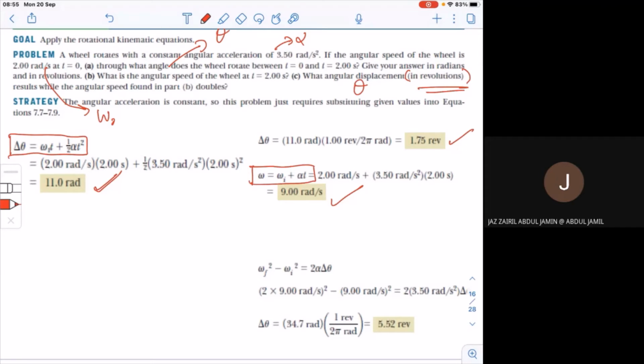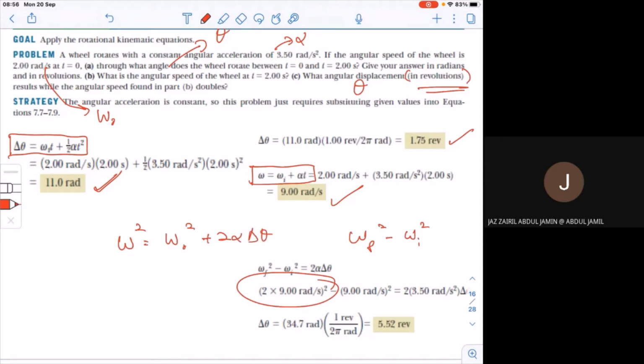Now you need to double the answer in part B. So you can see the value has been doubled for the final velocity. It becomes 18 radian per second. That value is squared because of this equation, omega final squared minus omega initial squared, which actually comes from omega squared equals omega naught squared plus 2 alpha delta theta.